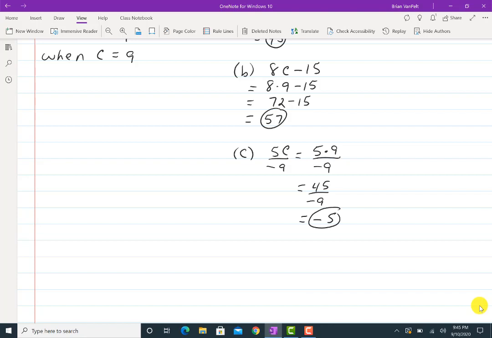Now for some of you that are thinking you could have done this in an easier way, that's okay. You can if you wanted to. If you look back, if you know to cancel, I could have canceled these 2 9s, and it would have left a 5 divided by negative 1, and that's negative 5 also.